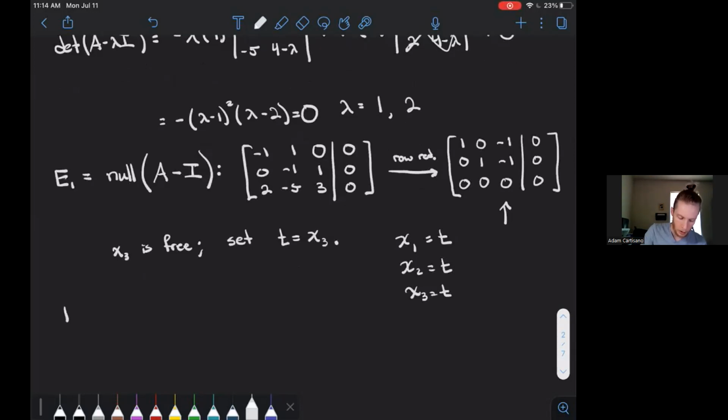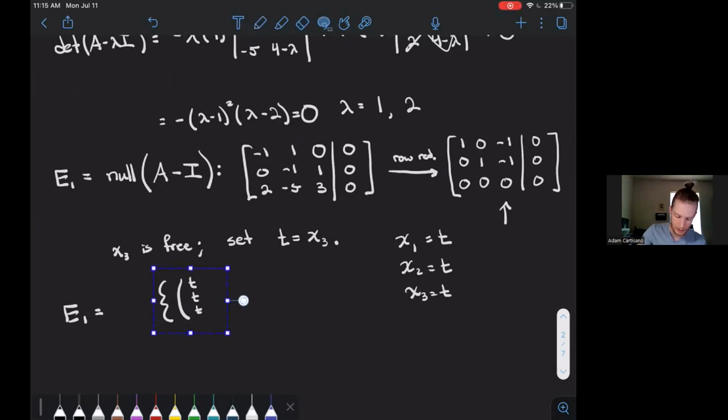So E1 is the set of vectors that look like t, t, t. It's not the span, it's this set of vectors.